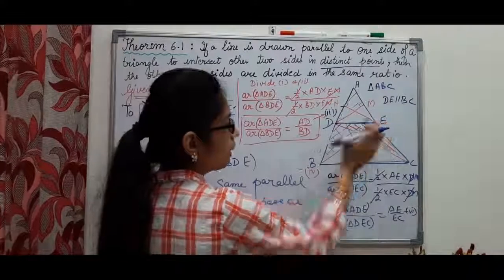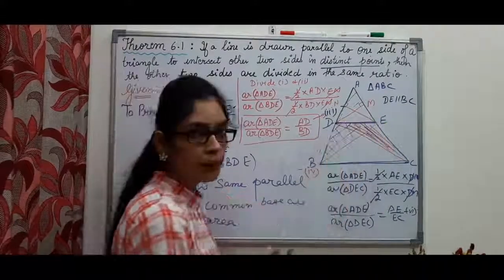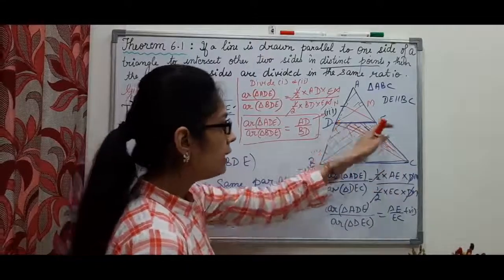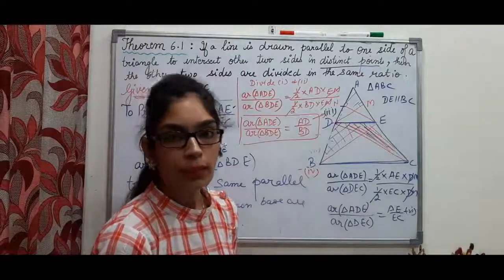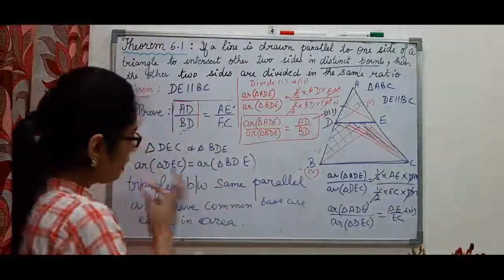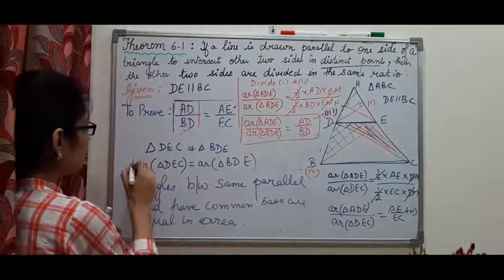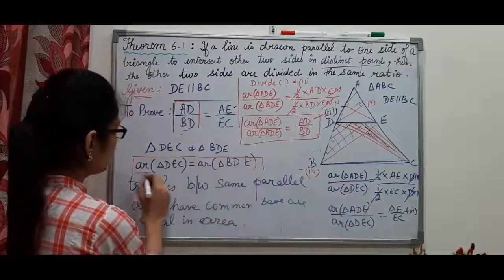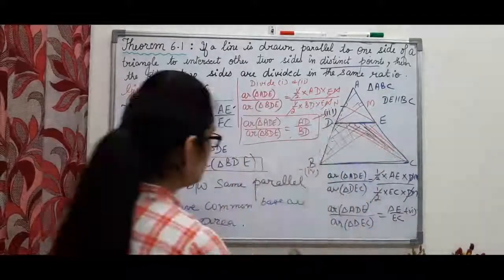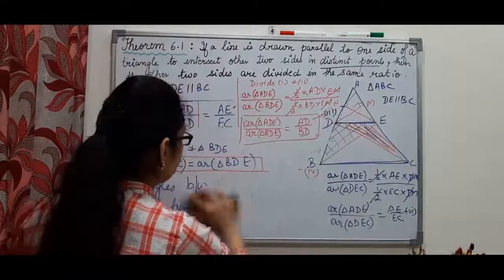Their base is the same, DE, they are sharing a common base and they are present between the same parallels DE and BC, due to which they are equal in area, and this theorem we have already done in class 9th. So now we have got this thing also: area of triangle DEC is equals to area of triangle BDE. So this point you can mark it now.